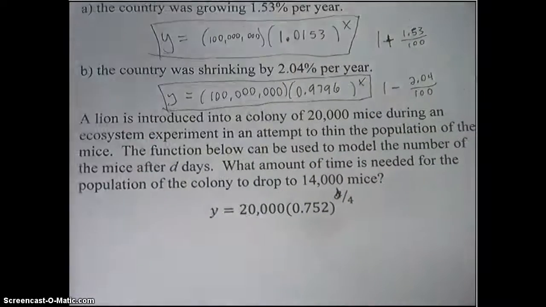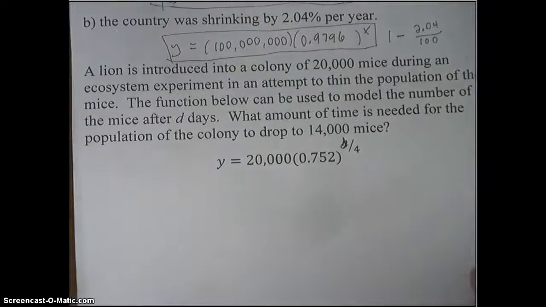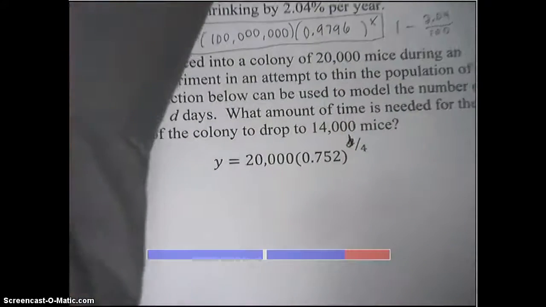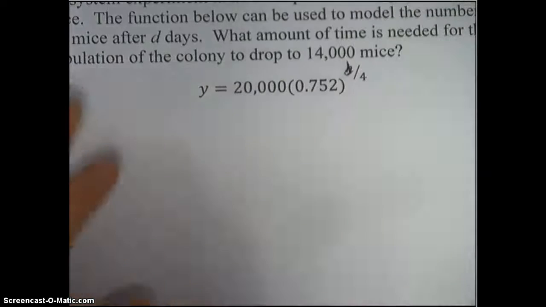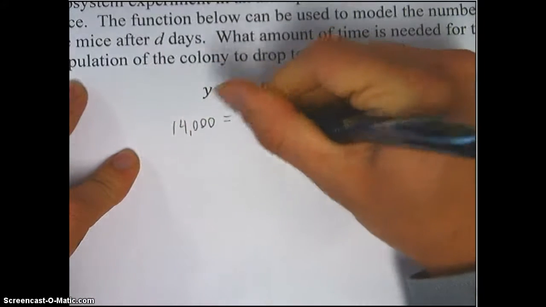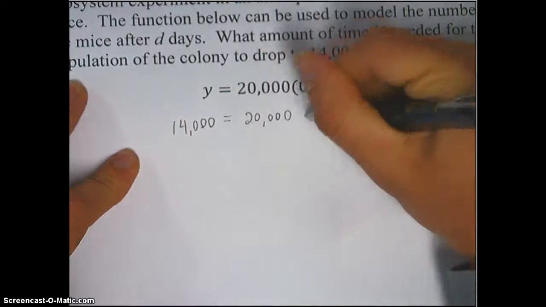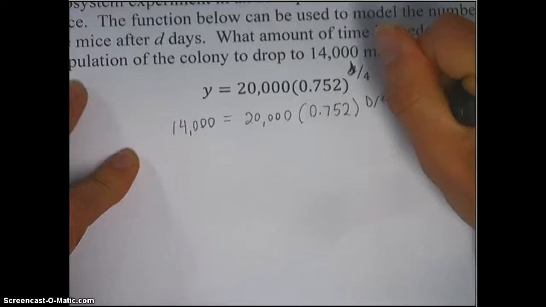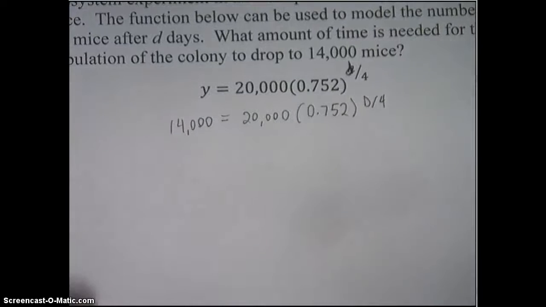And we want to figure out how long it takes using this equation for the population to drop to 14,000. So that's a y value. So I'm going to plug in for y. That's 14,000 equals 20,000 times 0.752 to the d divided by 4. Now I'm trying to solve for d.